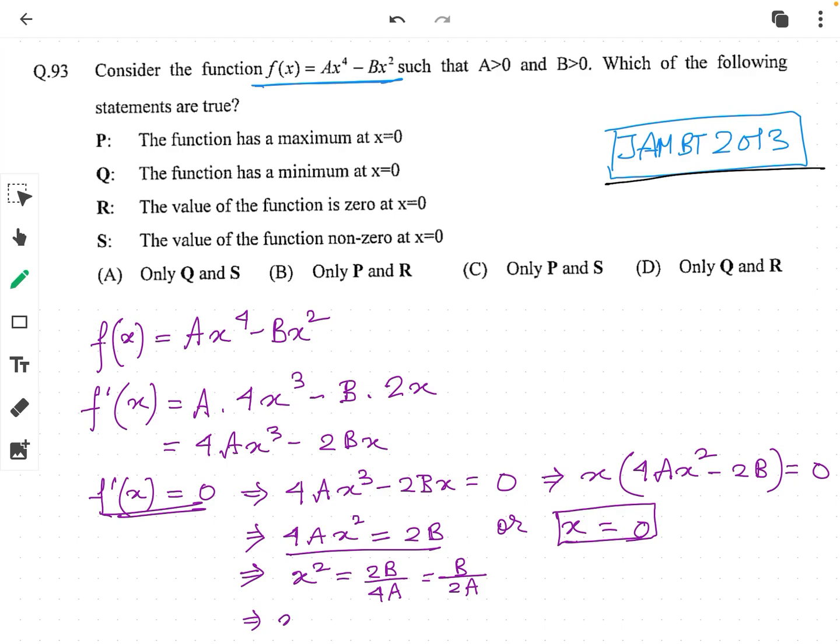That will give us x equal plus minus root over b by twice a. So we have 3 solutions from here. One is x equals 0, another is x equal root over b by twice a, and other is x equal minus root over b by twice a.